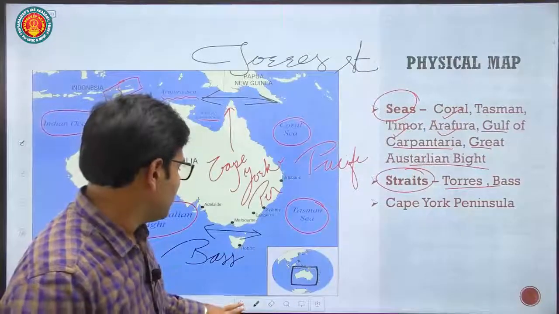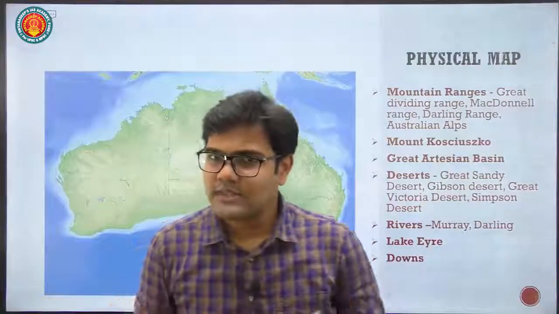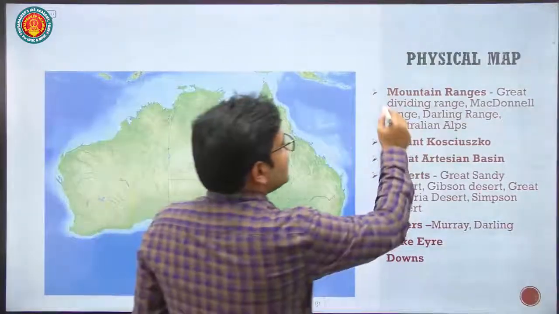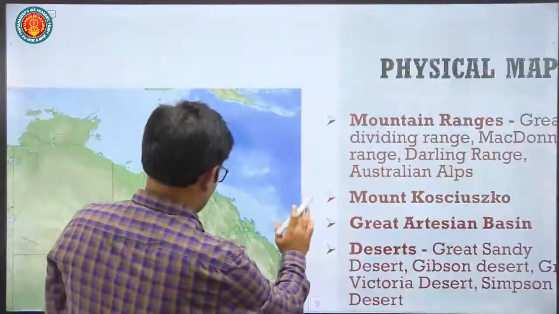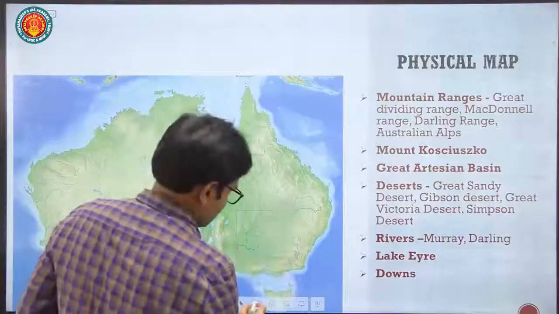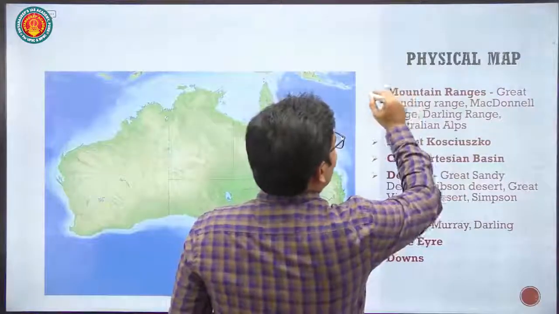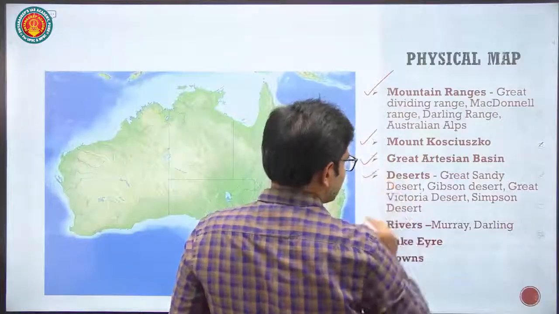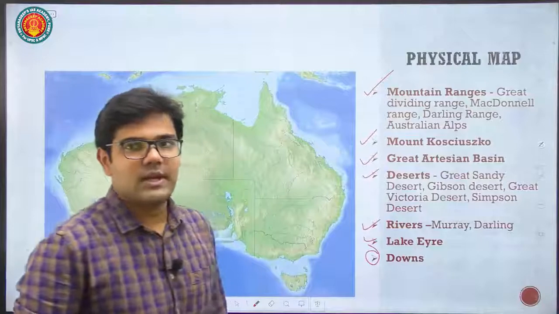Now let's move ahead. So we have now the physical map. Let's go into the interior of the continent of Australia. Now we will cover mountain ranges, then peaks, then the river basins, deserts, rivers and lakes, and some regions in the Australian continent.